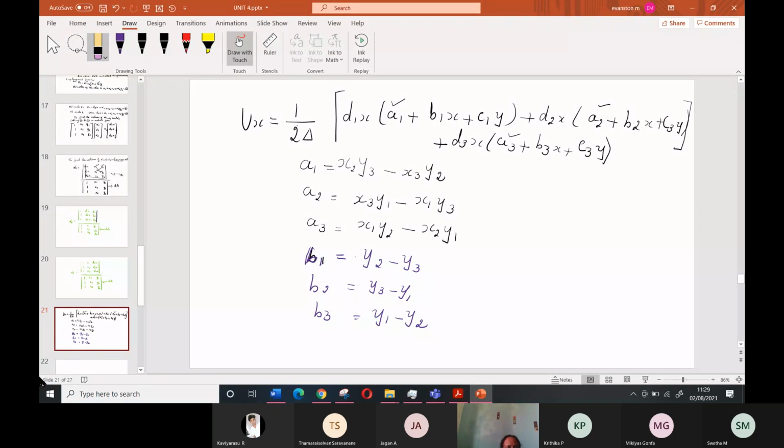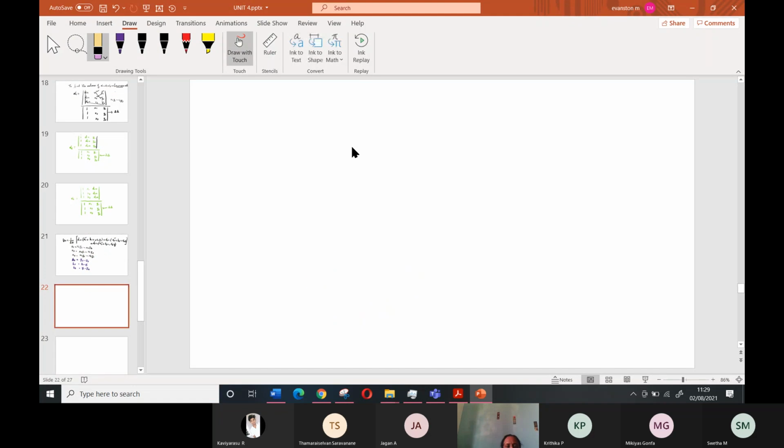Shall I move on to the next page? Can you tell me the value of C1, C2, C3? C1 is equal to what? C2 is equal to what? And C3 is equal to what?